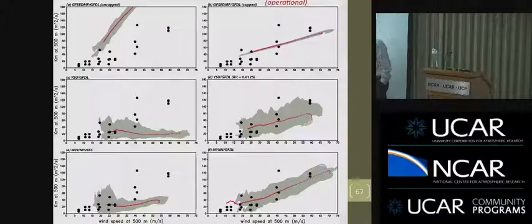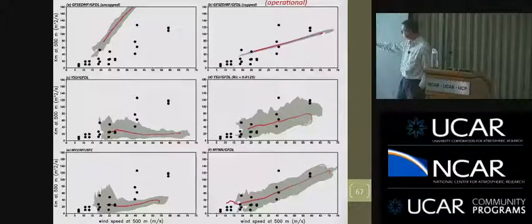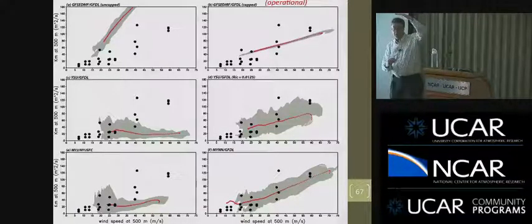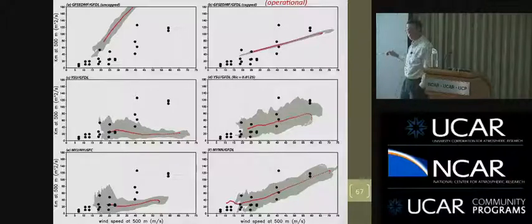Same for MYJ. This is YSU with a larger critical Richardson number that allows the boundary layer depth to be larger. That increases the magnitude of the mixing and it increases the altitude of the mixing because everything scales with H. That kind of looks better. And this is MYNN, which looks like it fits very well.